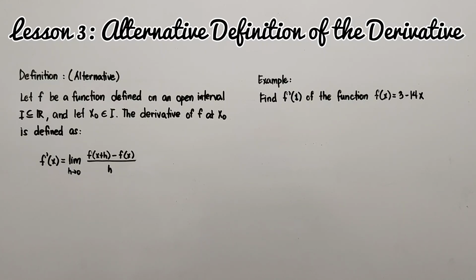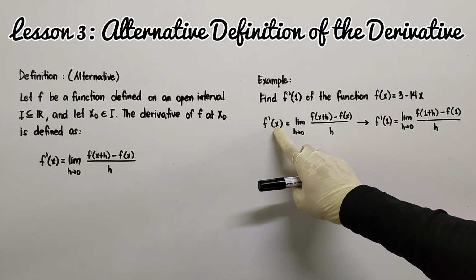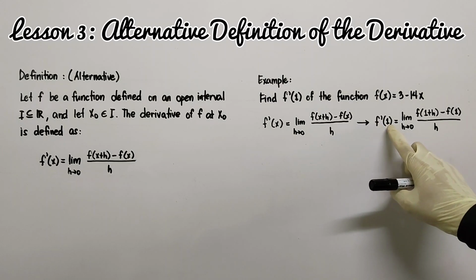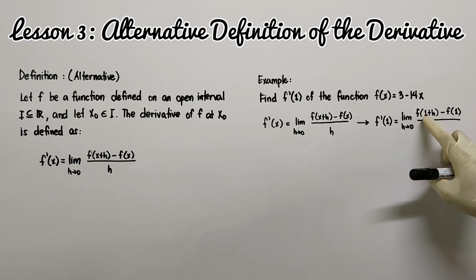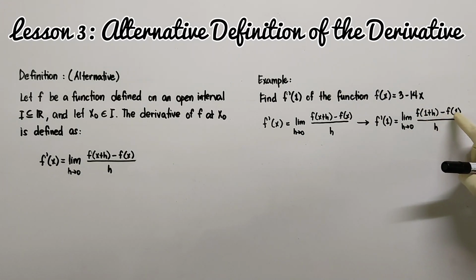Find the derivative at x equals 1 of the function f of x equals 3 minus 14x. From this formula, we will substitute the value of x, which is positive 1. So that becomes f prime of 1, and replace all the values of x by 1. So you have f of 1 plus h minus f of 1.